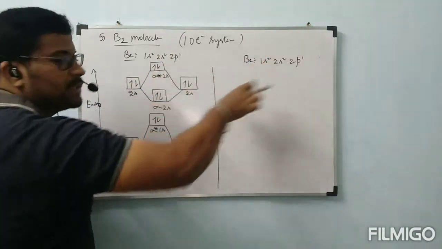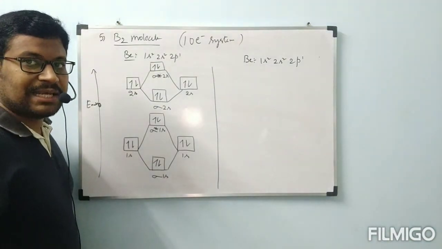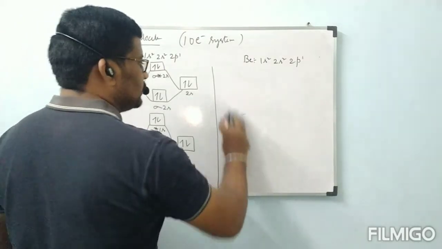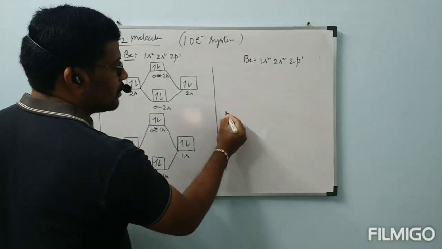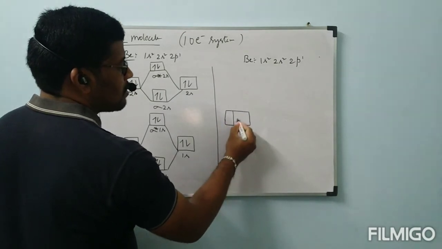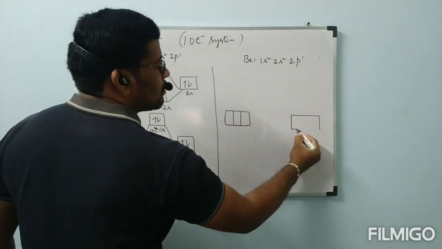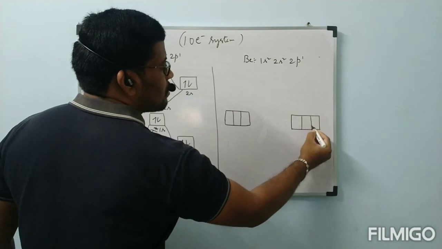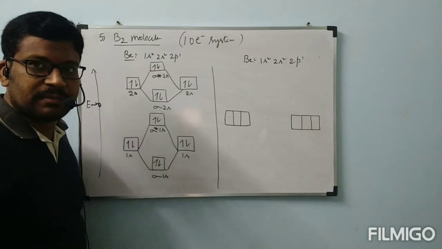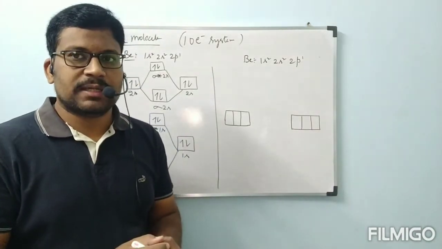Remained with 2p and 2p. The 2p subshell has 3 orbitals. I am going to represent the 3 orbitals here. These 3 and 3, totally 6 orbitals, they will combine by the LCAO method to form 6 molecular orbitals.